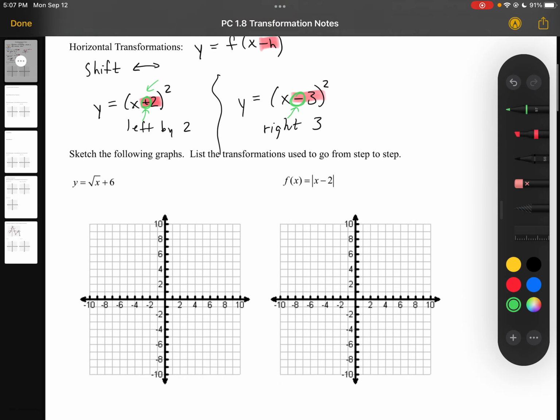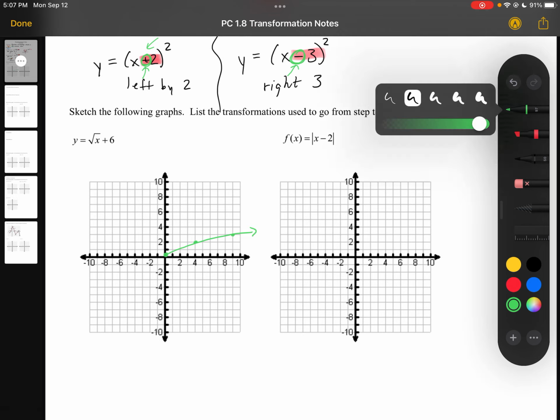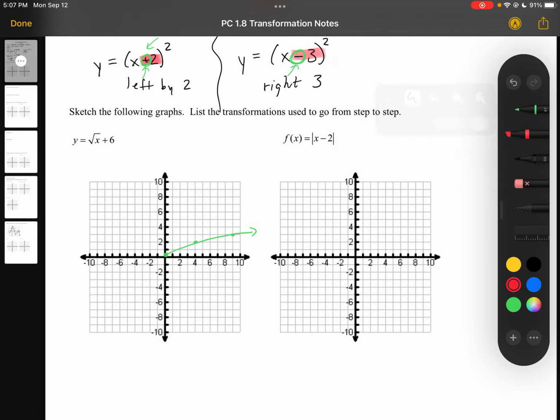So if we are to take a look at our graphs here, what we're going to see is some values that are going to occur as we are graphing. So that is our original parent function in green here. So just this x squared is in green.